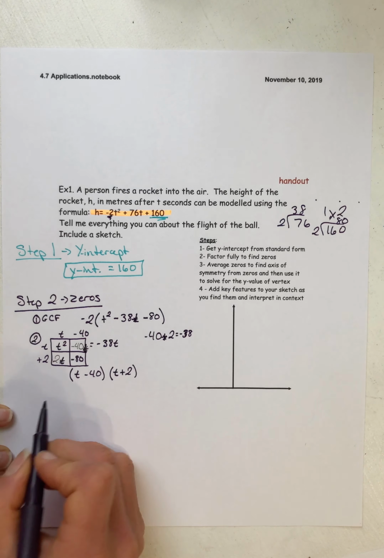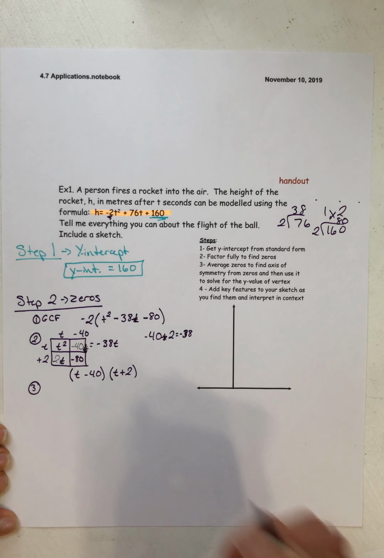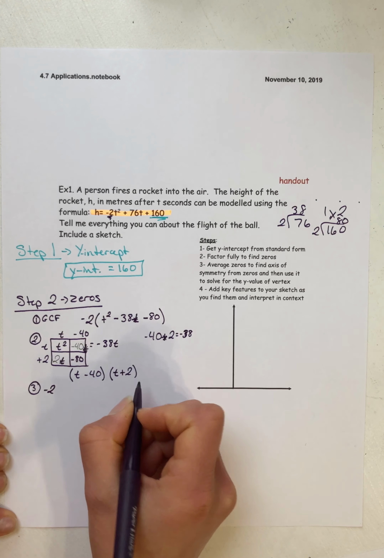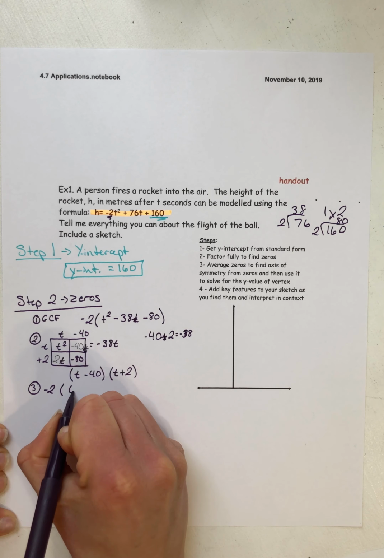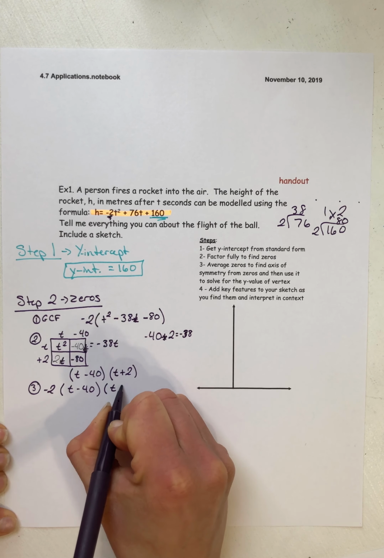Okay, so remember we have a third step for this one. Our third step is to go back and write our negative 2 first, whatever we just common factored out, and then we put t minus 40 and t plus 2.